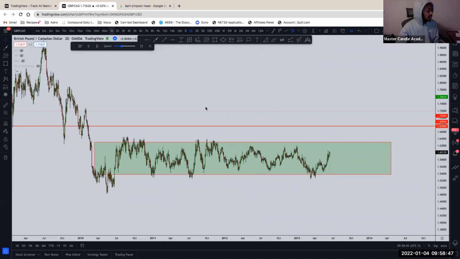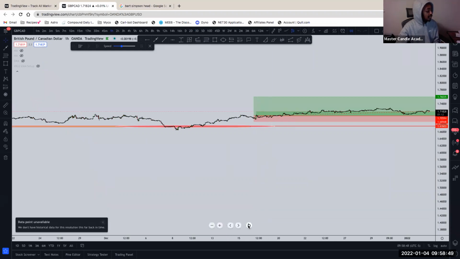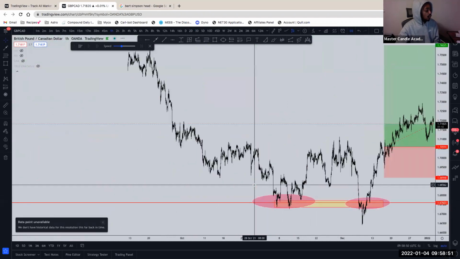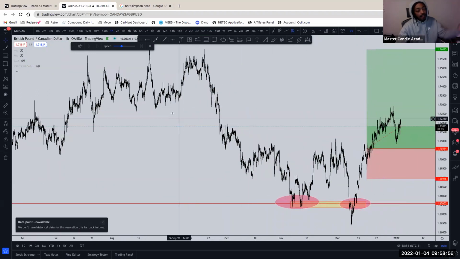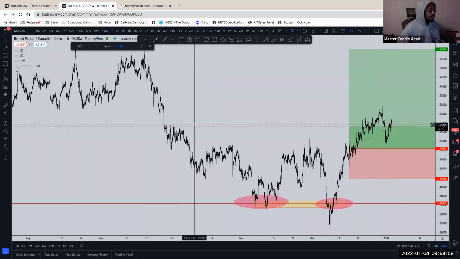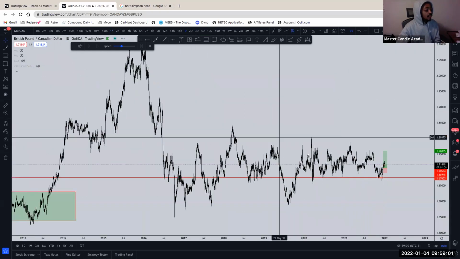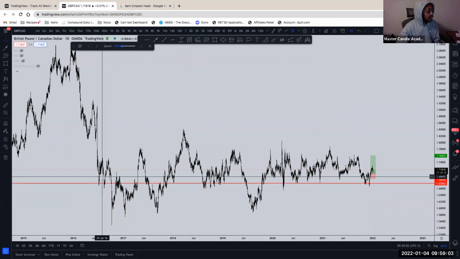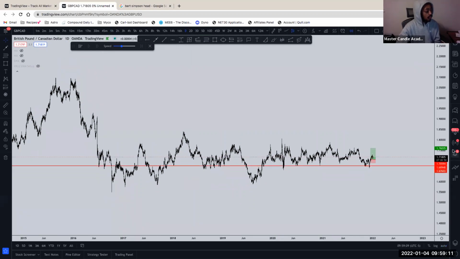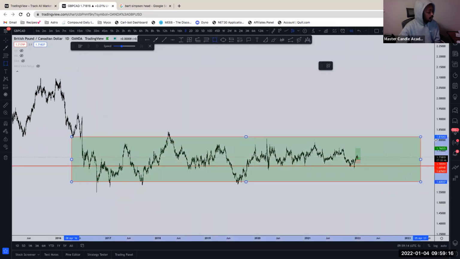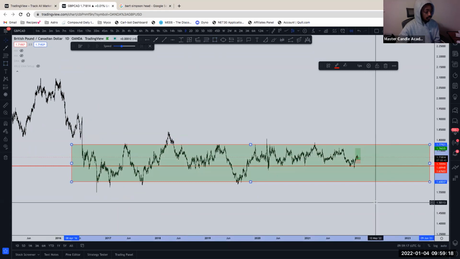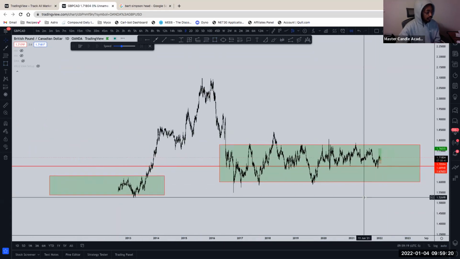We could watch this on a 1 hour time frame, but when you look at the overall picture, on the 1 hour you're going to see these huge dips, these huge gains. But when you go to the daily time frame, you realize price has been in consolidation for about 4 or 5 years. Price has not gone anywhere for about 5 years.